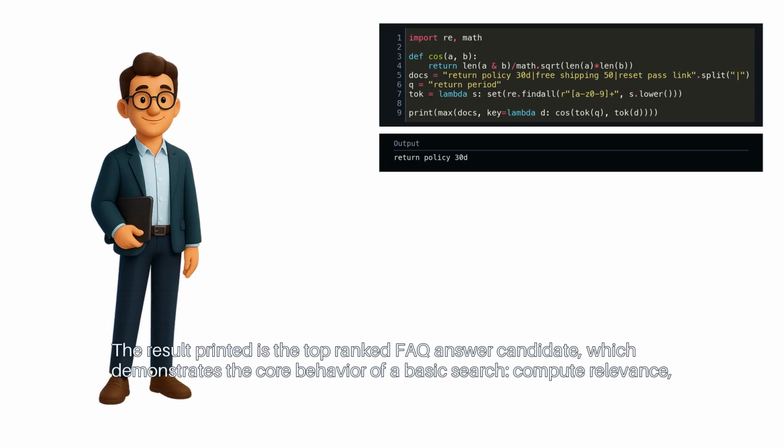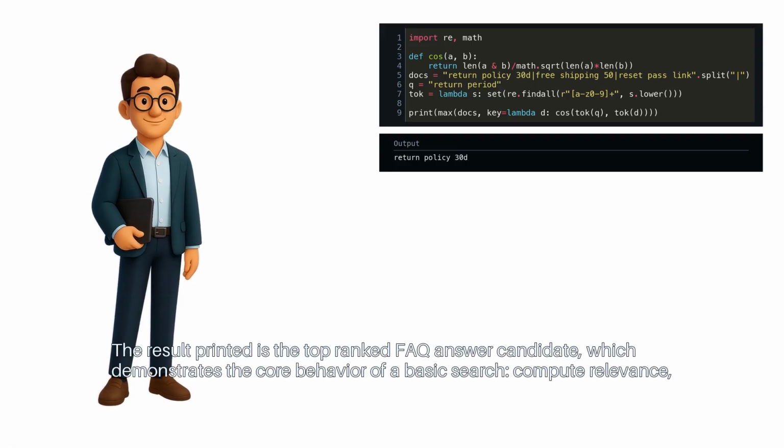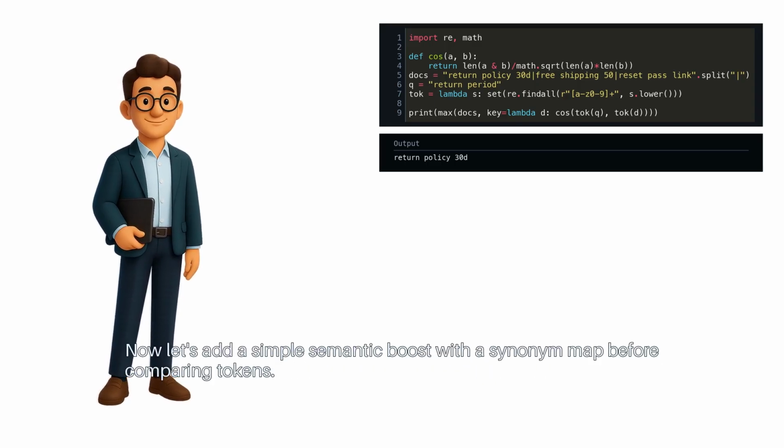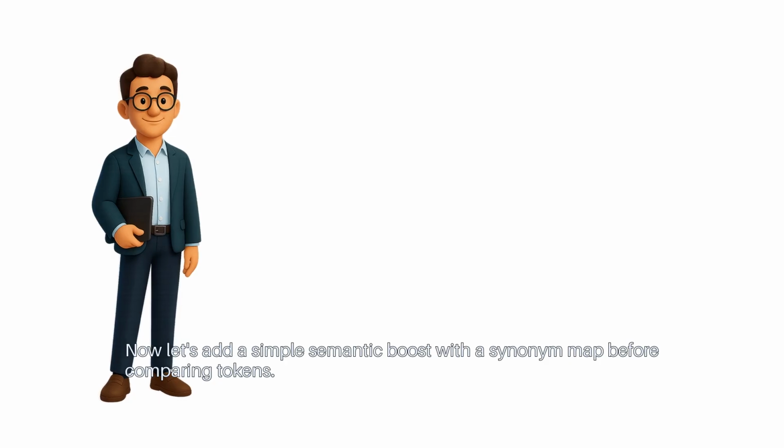The result printed is the top-ranked FAQ answer candidate, which demonstrates the core behavior of a basic search. Compute relevance, then choose the maximum. Now let's add a simple semantic boost with a synonym map before comparing tokens.